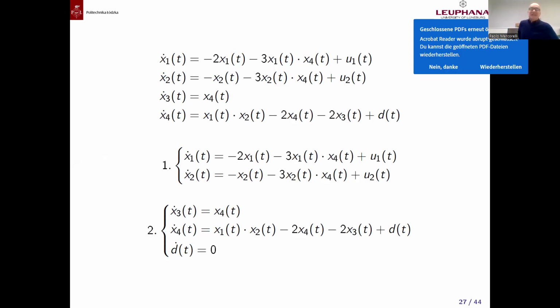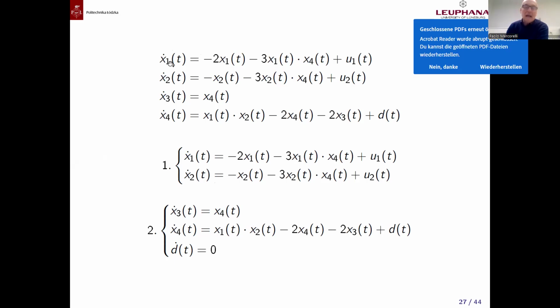Now, if we don't start from the physical system, nevertheless, it is visible how we can recognize how two systems can be split. Why? Look here.